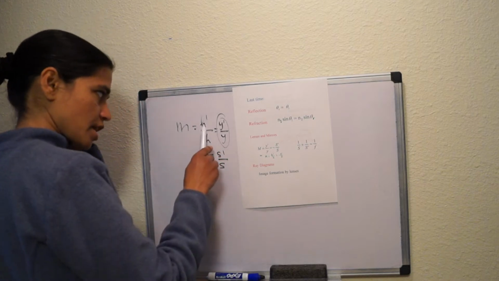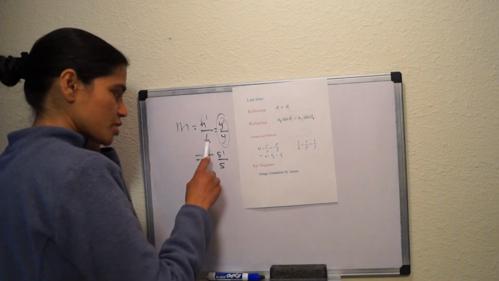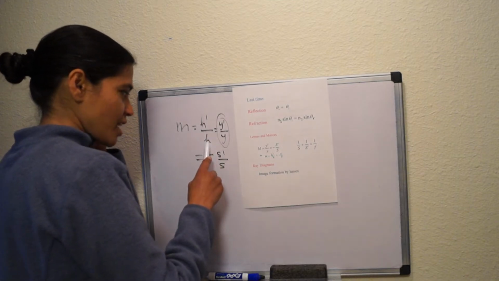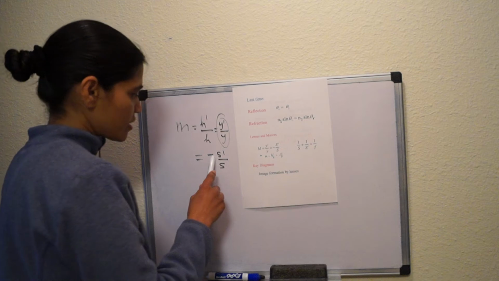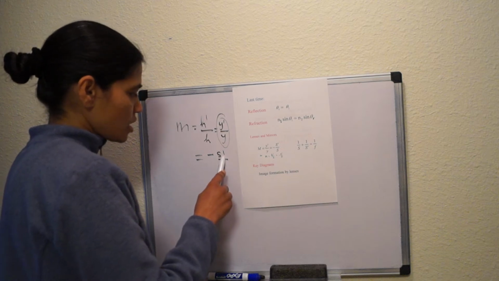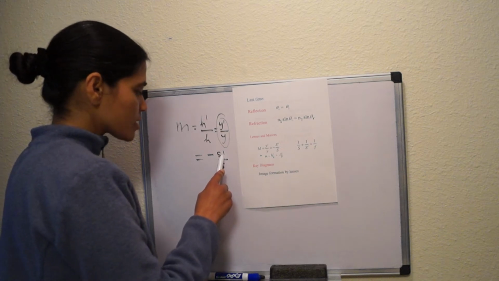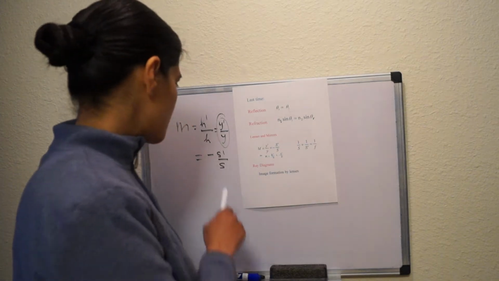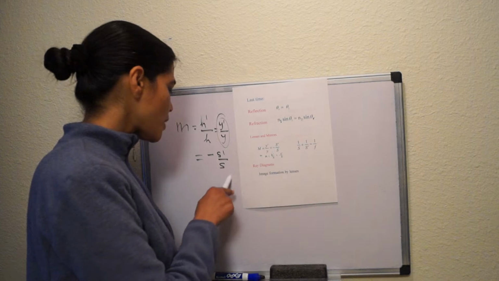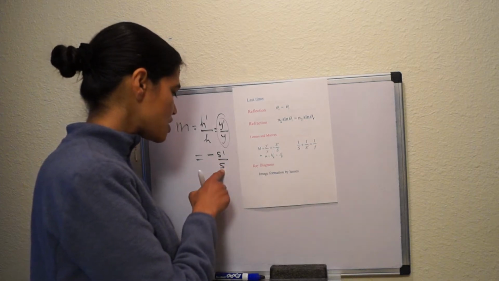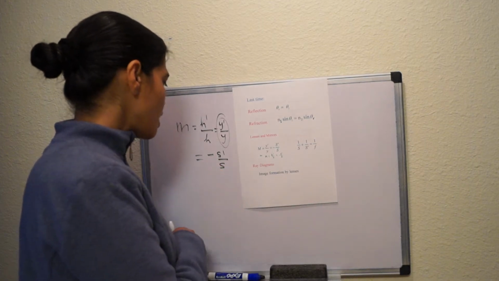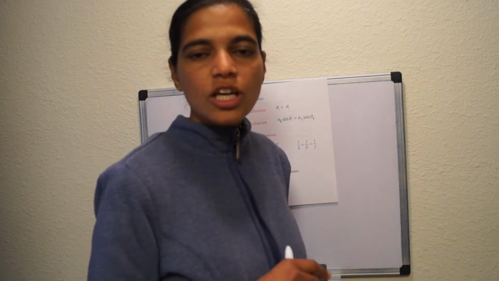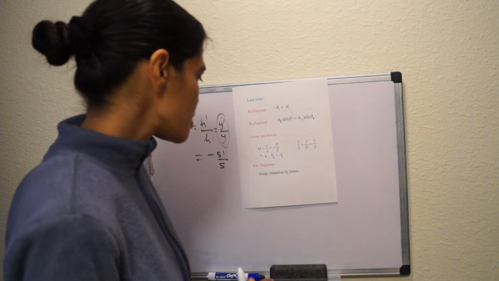So y dash was the height of the image, y was the height of the object, and then here s dash was the image distance, and s was the object distance. And we said s is always positive, right? The object distance is always positive. s dash could be negative depending upon whether we have a real image or virtual image, right?